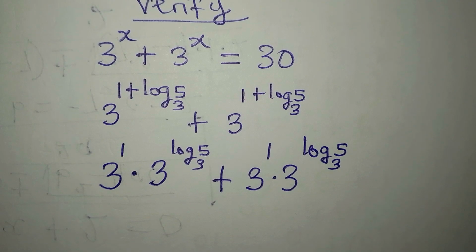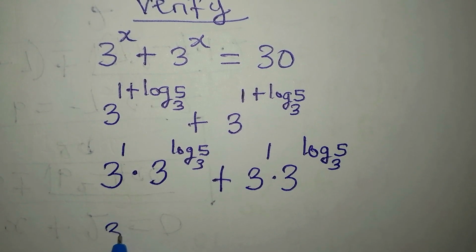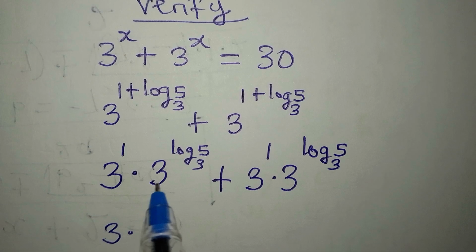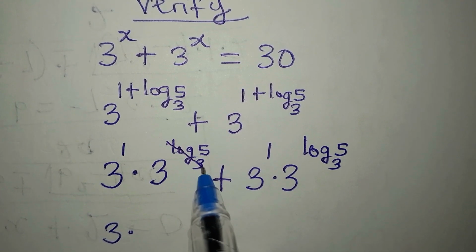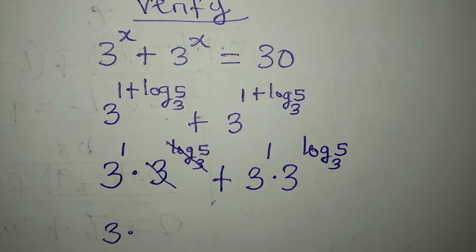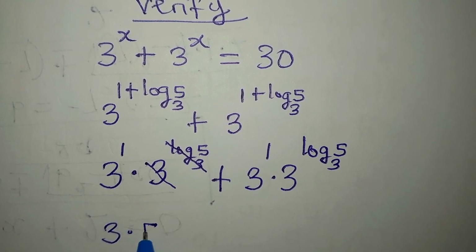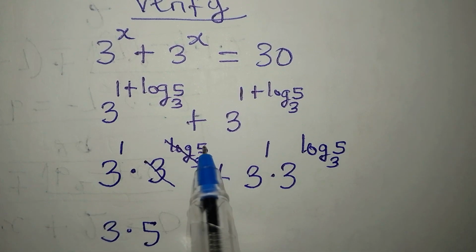So if this is the case, 3 to the power of 1 is 3 multiplied by, this is 3, right? Then having another base of 3. So log to base 3 and this will go. So 5 is what we have over there. So it will be 3 times that 5.